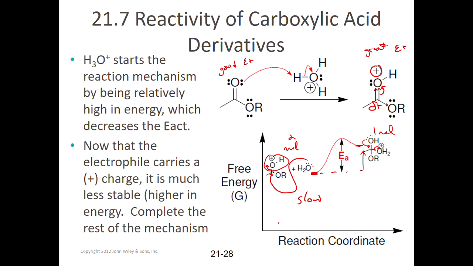Well, let's see. I need to draw it out here. So there'd be a couple proton transfers, right? We've got H3O plus around, we've got water around.